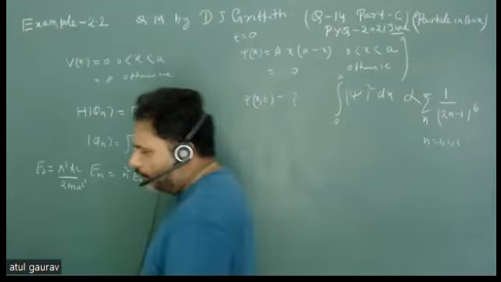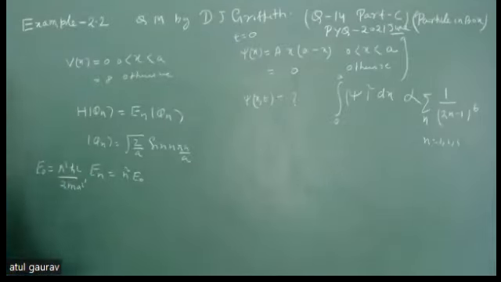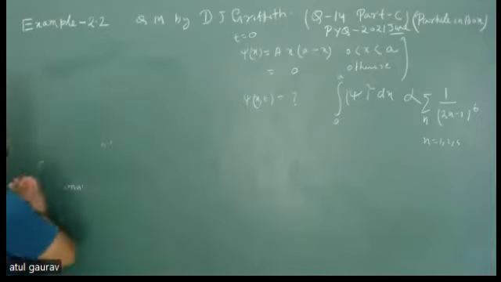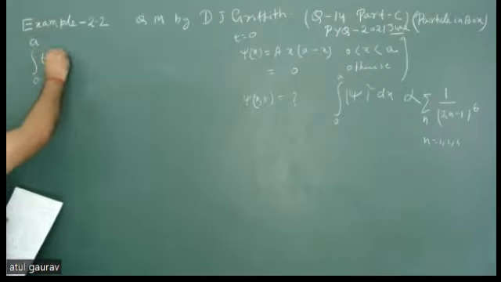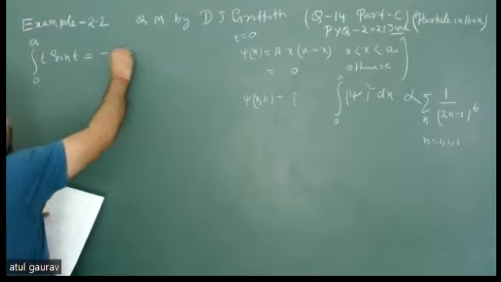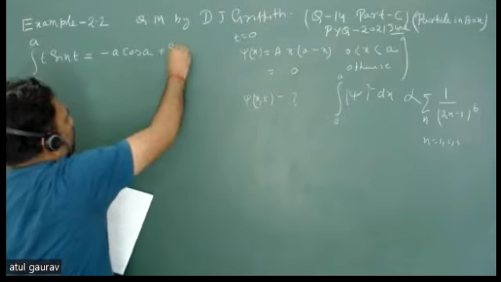We also have to use formulas. What is the main formula? I am using this space to write it. It is given in the examination: the integral from 0 to a of t sine t dt equals minus a cos a plus sine a.